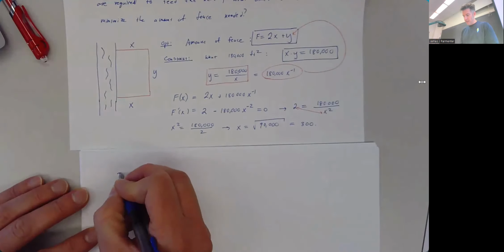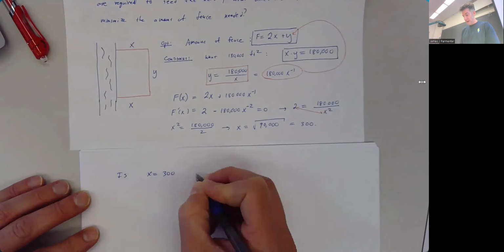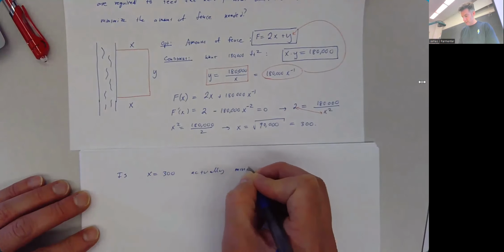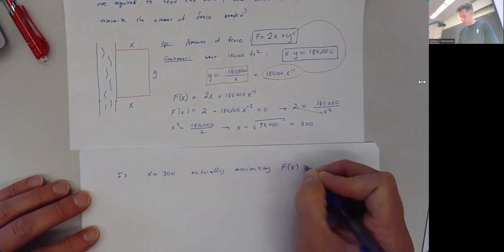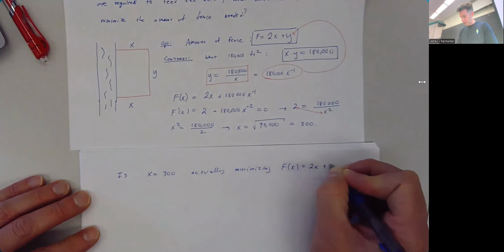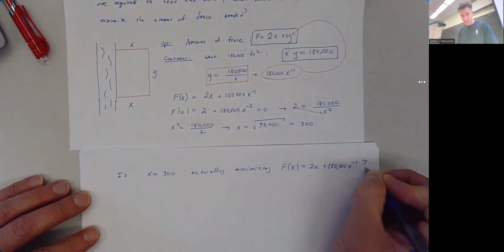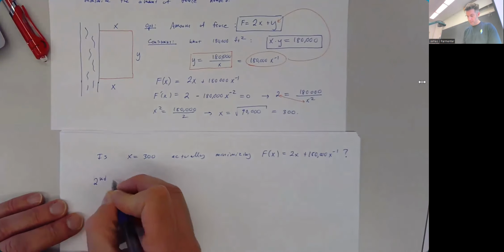So is x equal to 300 actually minimizing f of x equal to 2x plus 180,000 x to the negative first? Well, let's do the second derivative test.